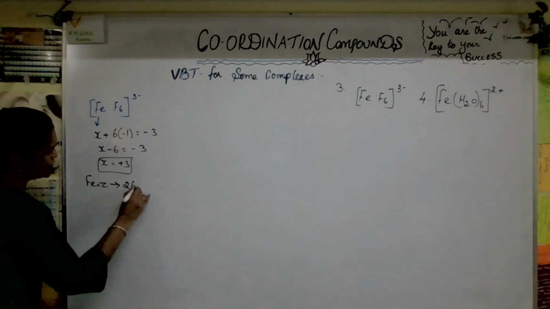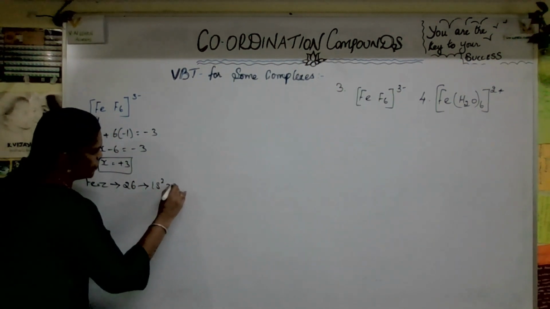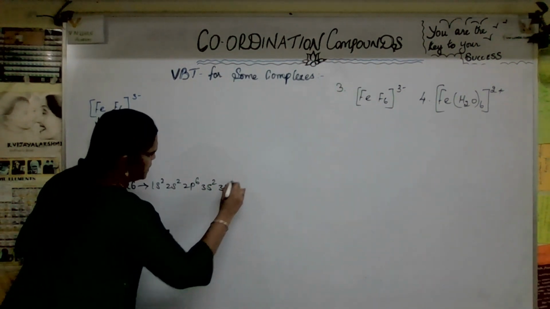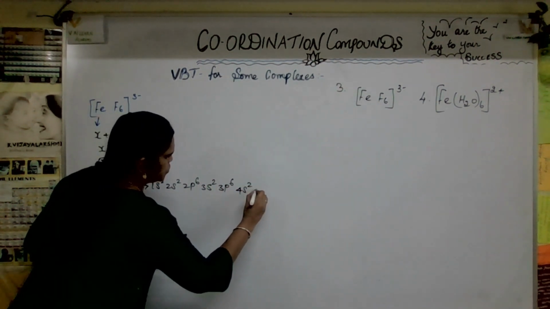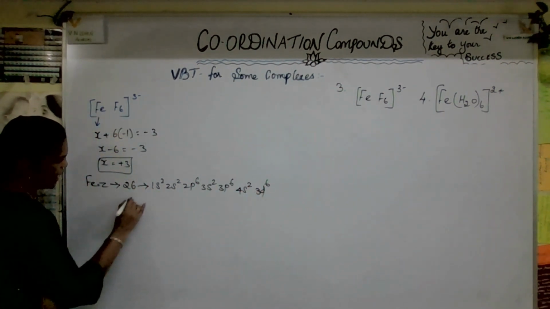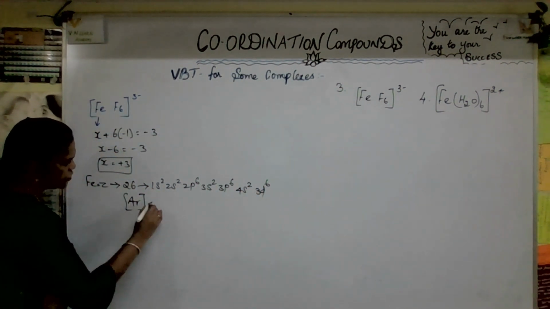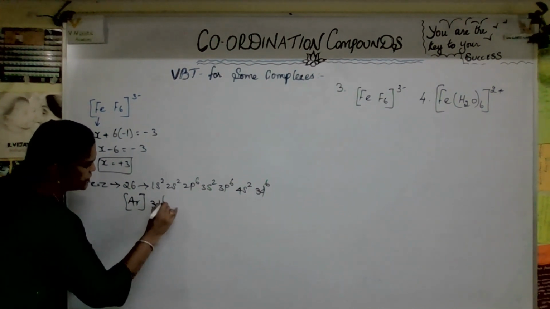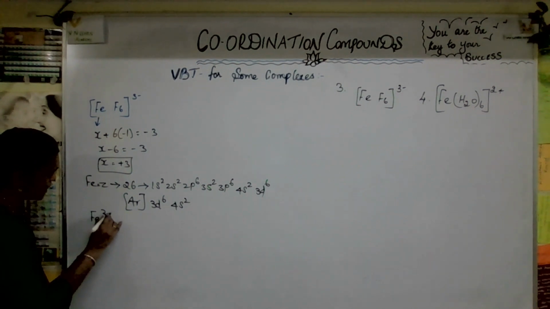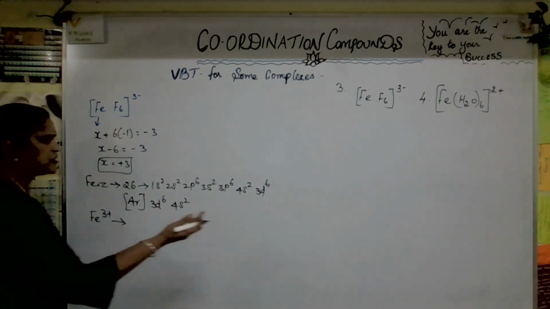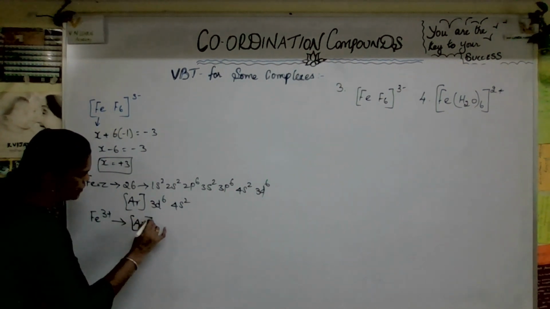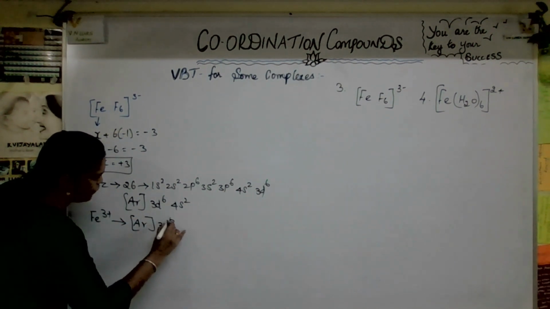Now Fe atomic number is 26. 1s2, 2s2, 2p6, 3s2, 3p6, 4s2, 3d6. So we can write it as Ar 3d6, 4s2. Now Fe3 plus, how to write it? 3 electrons you have to lose from the outermost orbital, so Ar 3d5.